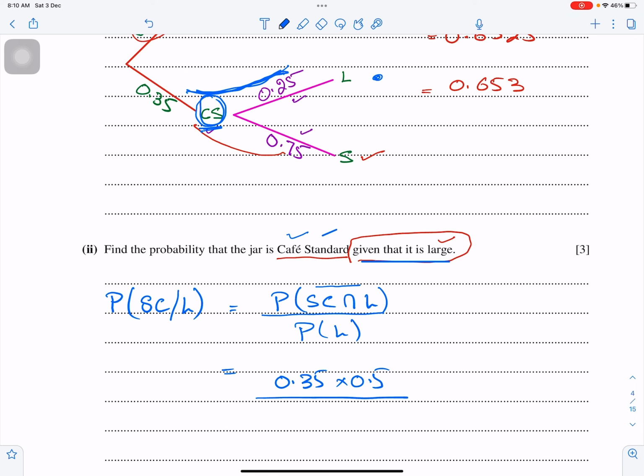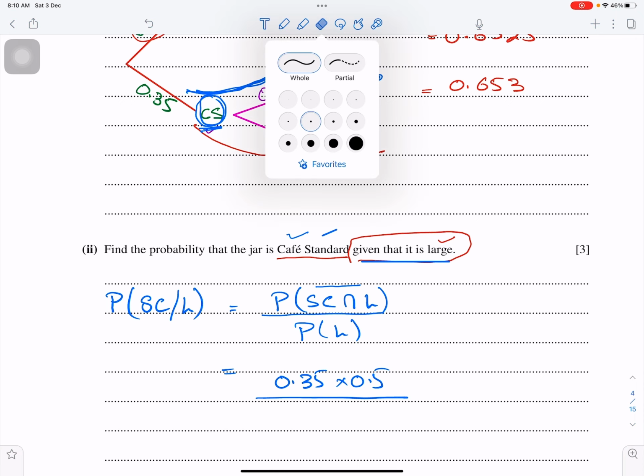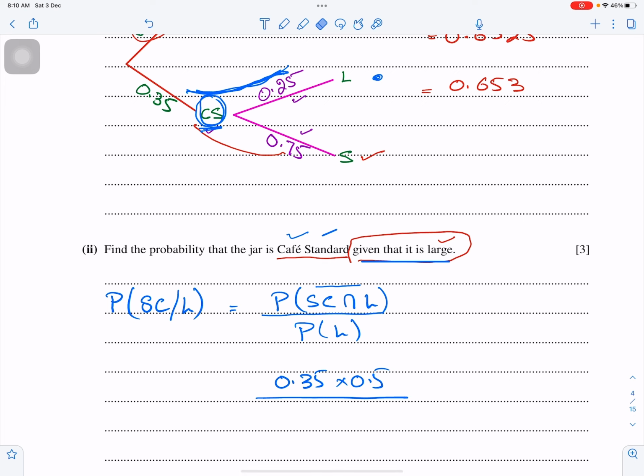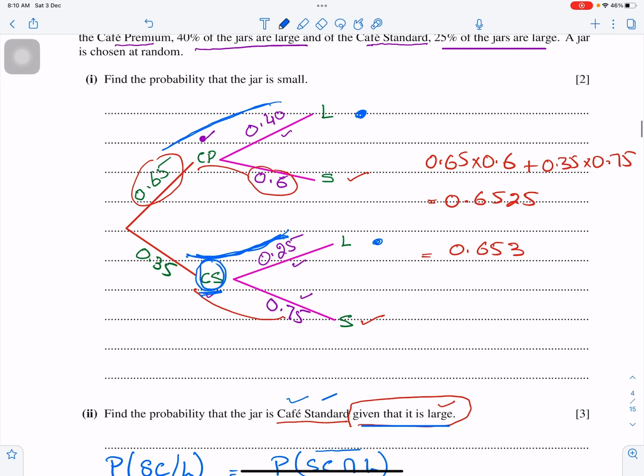So now what is in the denominator? Okay, so I have to write here the probability of large. It means I will do 0.65 times 0.40 plus 0.35 times 0.25. Now this is one way of doing it.